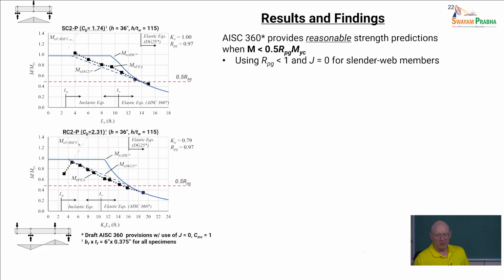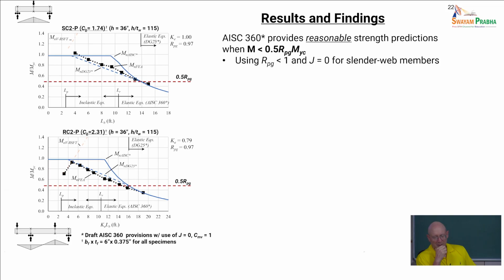So if we look at what's going on here, the plots in this case are actually done using J equals 0, using an RB equal to RPG, less than 1, and so this is basically the approach that Balint has implemented in Consteel.